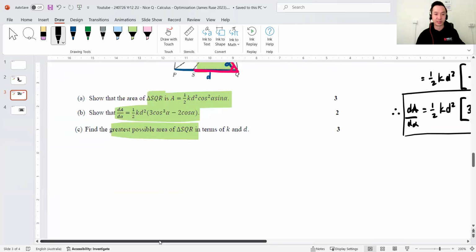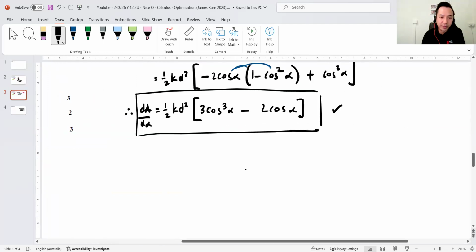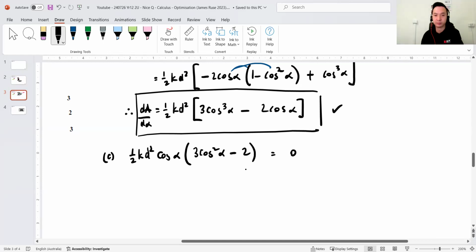And then the greatest possible value of the area. Okay, so I'll go part C, start with that, set that to 0, right? So I'll go half KD squared multiplied by, you know what? I'm going to factorize to make this a bit easier, factorize a cos alpha out. So that's 3 cos squared alpha minus 2 equals 0.